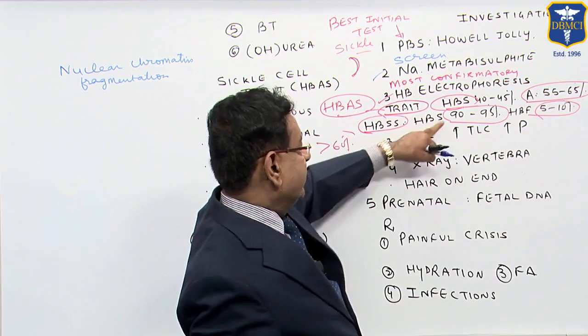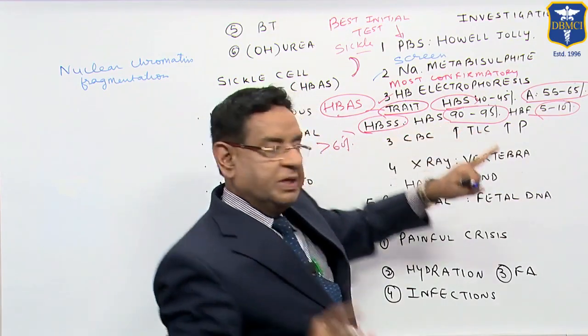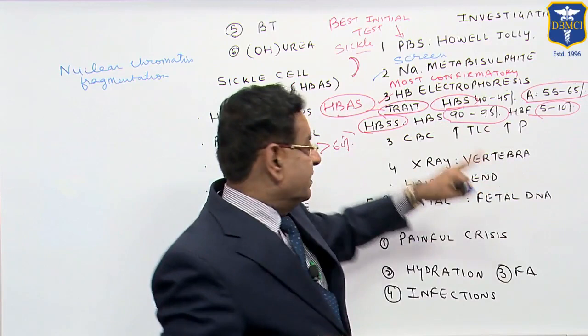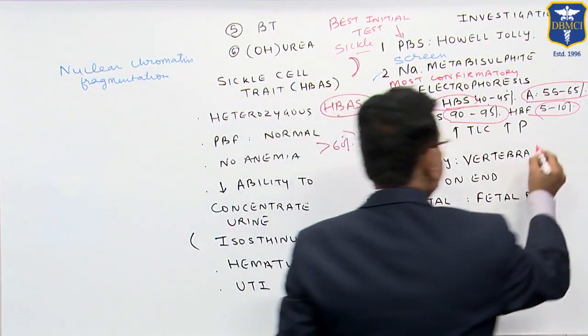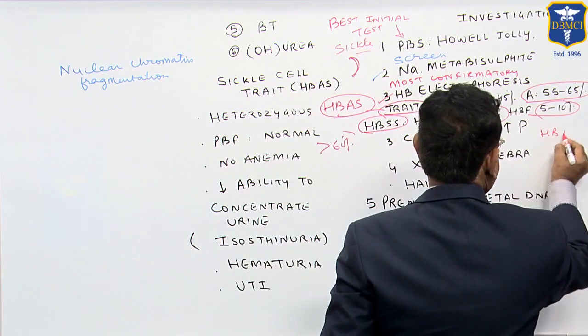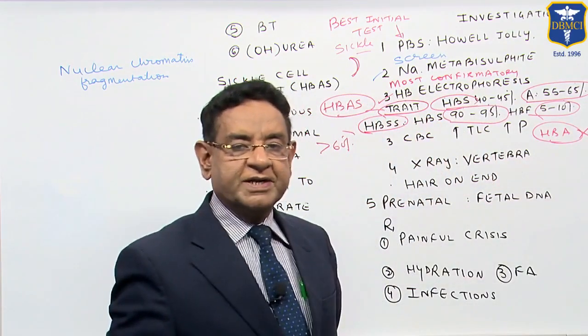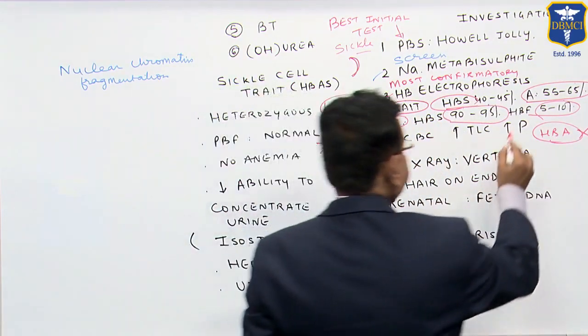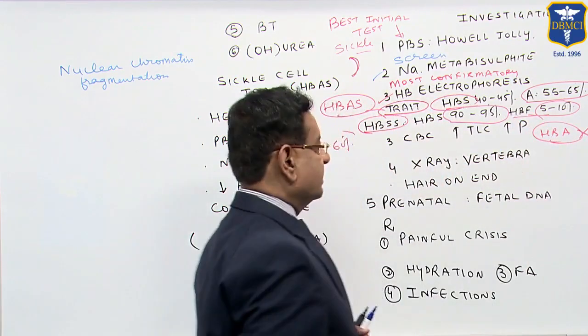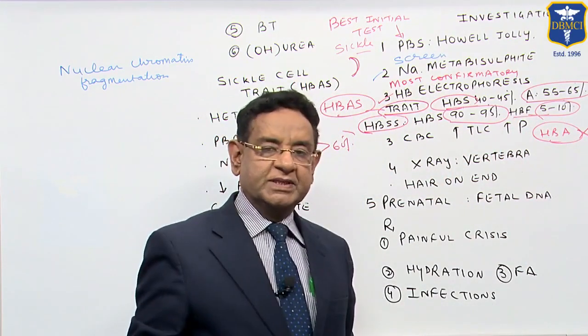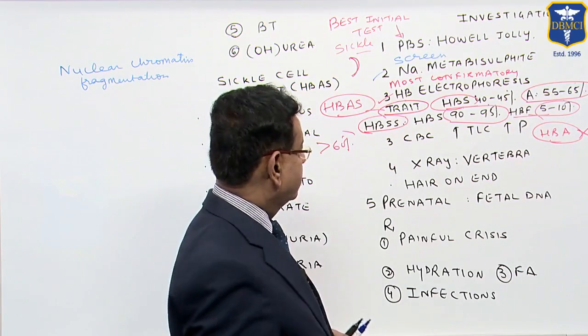That's why they have a lot of manifestation. But one point to note, in these patients there is no HbA. There is no adult hemoglobin. HbF is there in 5 to 10% percentage-wise.